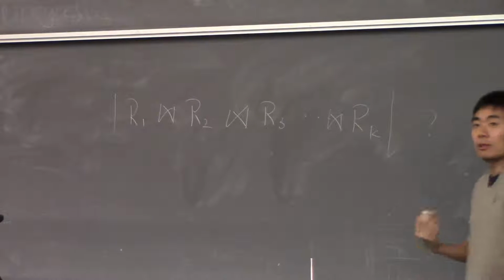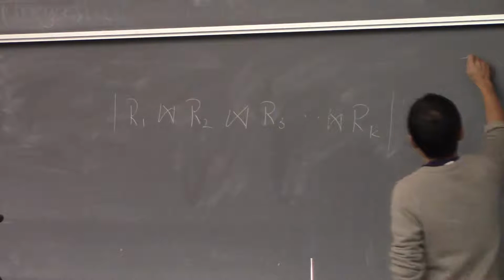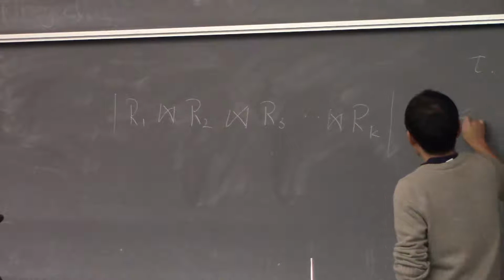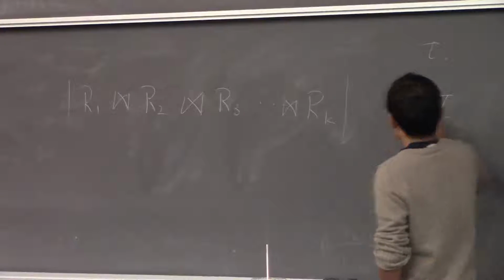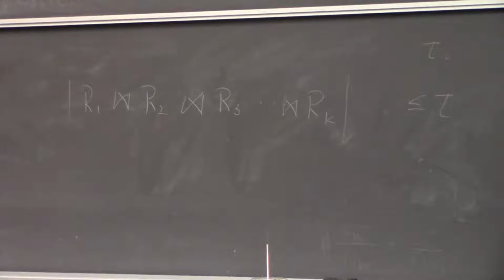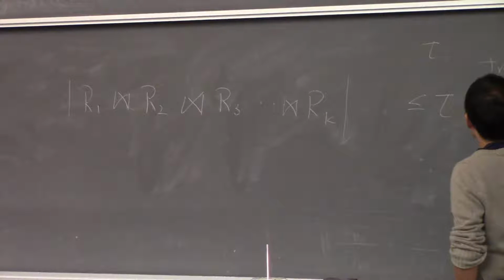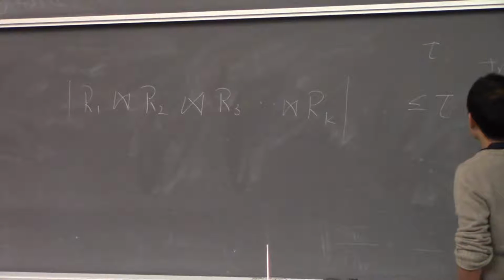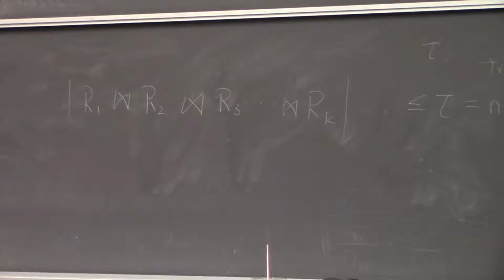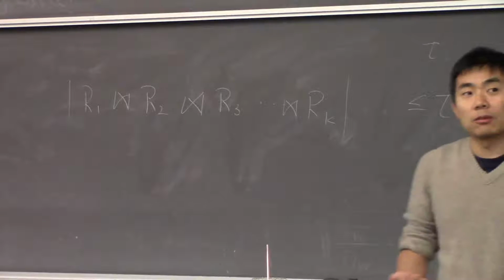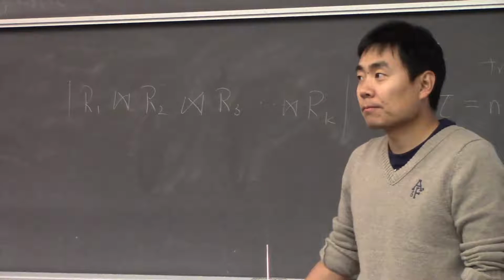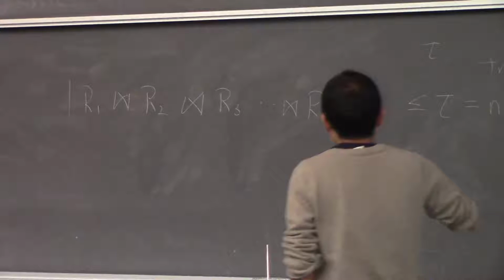In particular, I want to estimate an upper bound tau such that this is guaranteed to be less than or equal to tau. A trivial upper bound is this, because you cannot be larger than the size of the cross product.